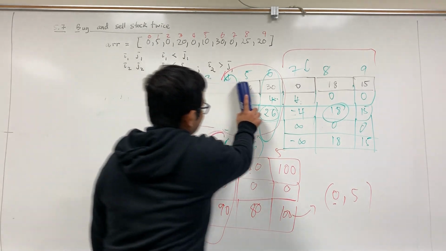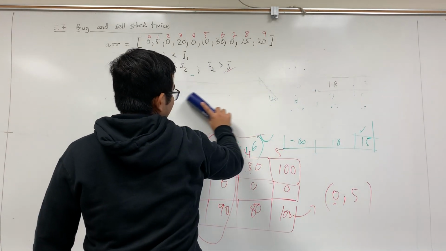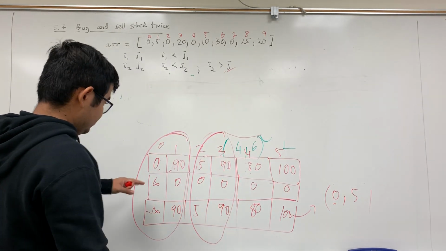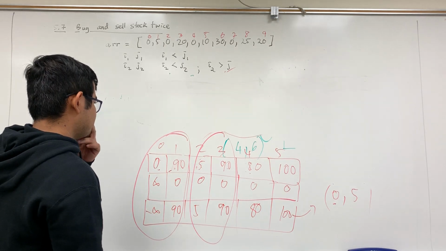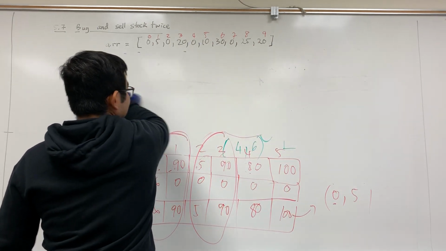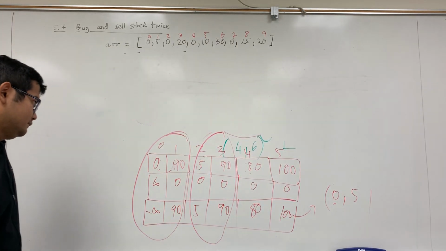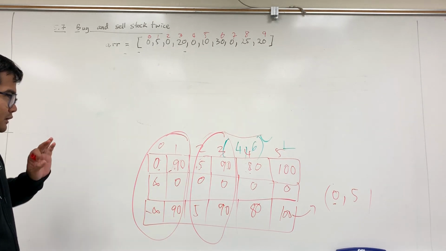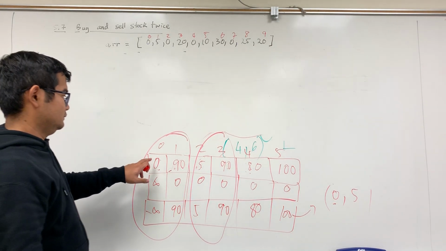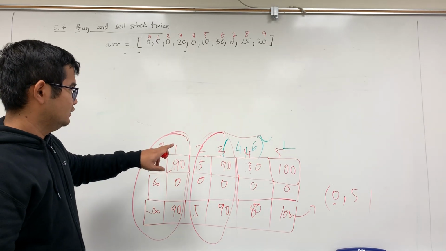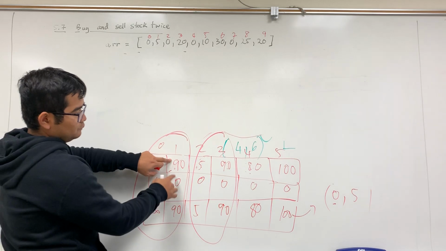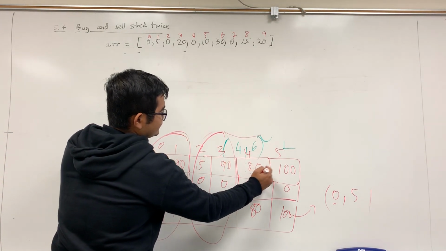Anyways, let's do this example. If I try to do brute force, I will basically try to compute what the profits are if I buy at this location and sell at this, sell at this, sell at this, sell at this, and then what the profits are when I buy at index 1 and sell at this time, this time, this time.